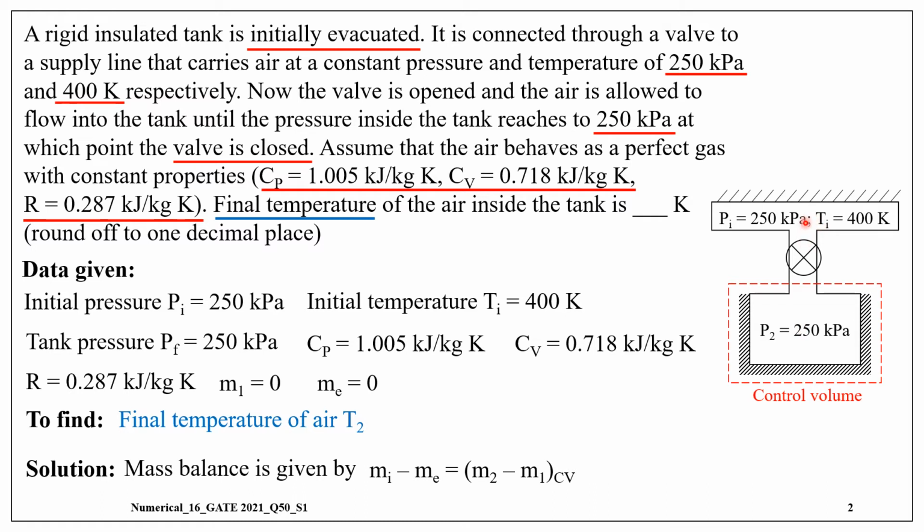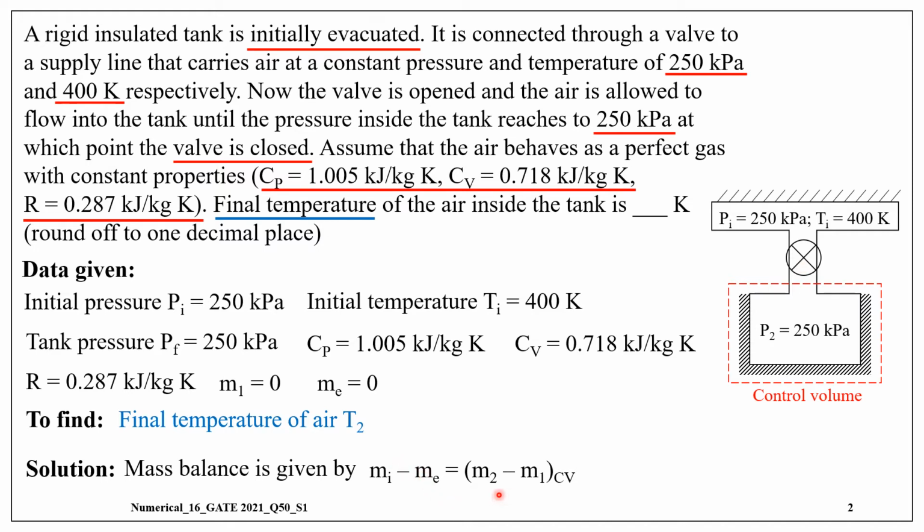So Mi is the initial mass that is entering the control volume when the valve is opened. Me is the final mass of the air through the valve when it is closed.